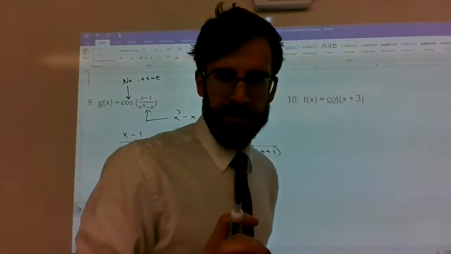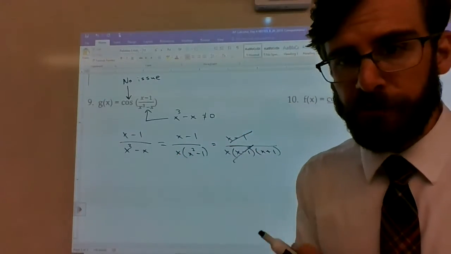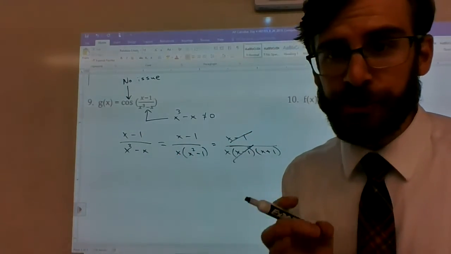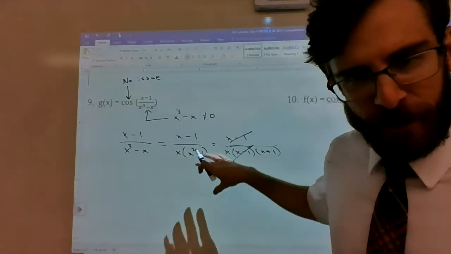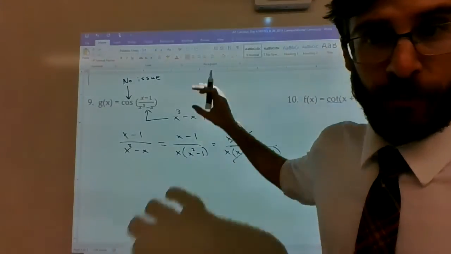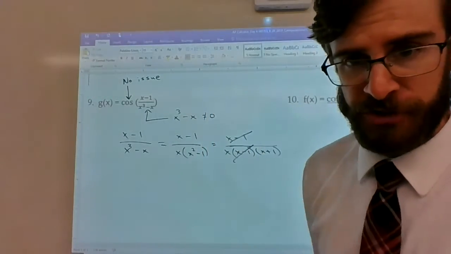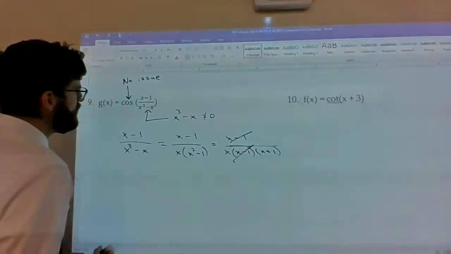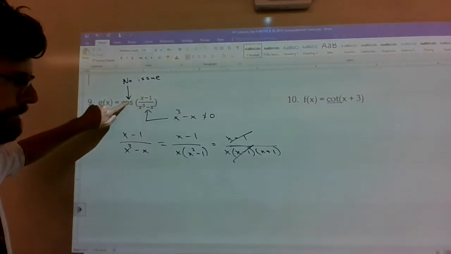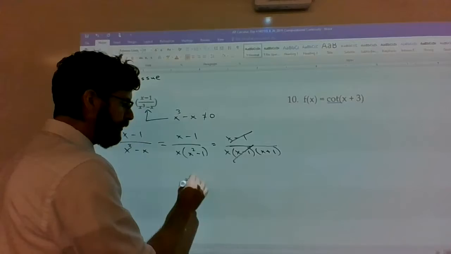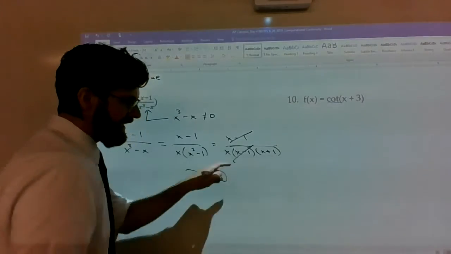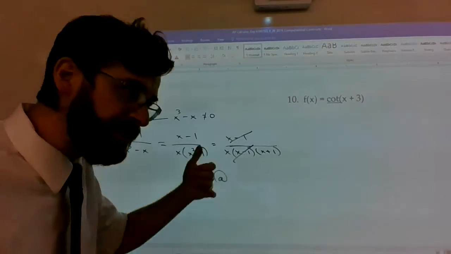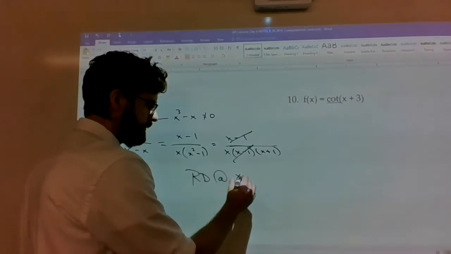So what this demonstrates to us is that you can still have removable discontinuities within a trig function, but it has to follow the same rules that it did when we were dealing with the other fraction rational functions. So no issue with the cosine, but we have a removable discontinuity at x minus 1 equals 0, which is the same as x equals 1.